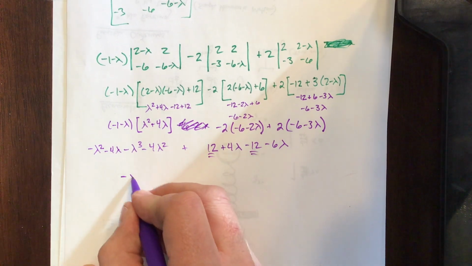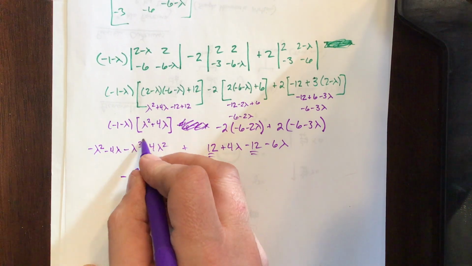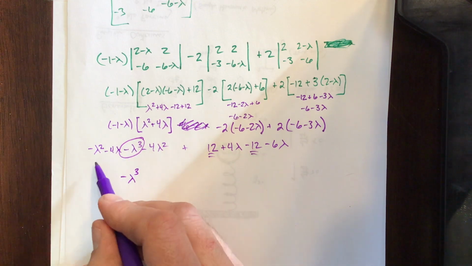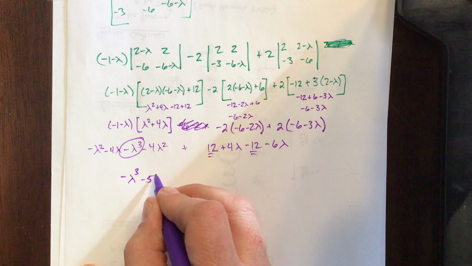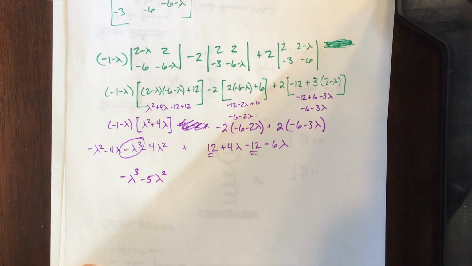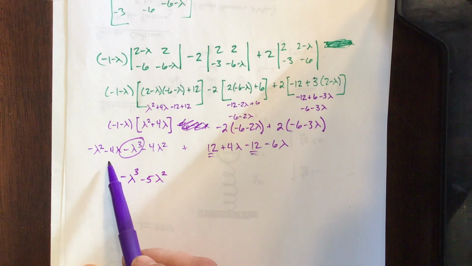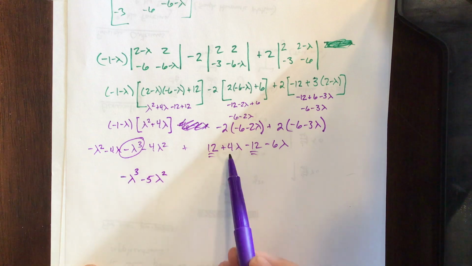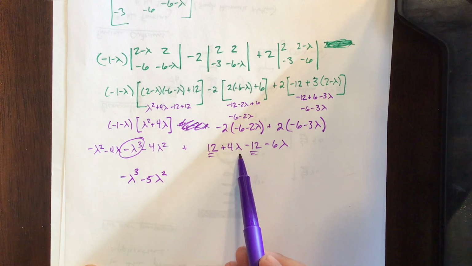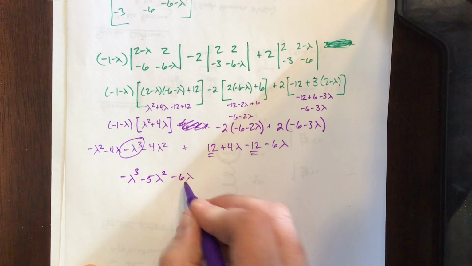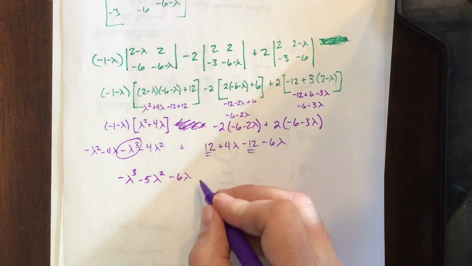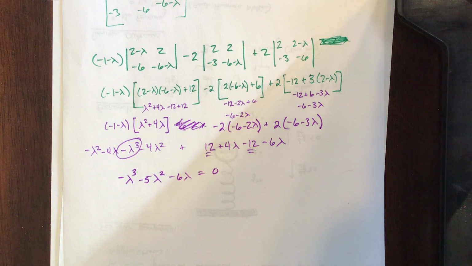We have a minus lambda cubed right here, minus lambda squared, minus 4 lambda squared, that's minus 5 lambda squared. And then we have a minus 4 lambda, a plus 4 lambda, well, those cancel each other out, minus 6 lambda. All right, and this is all going to be set equal to 0.